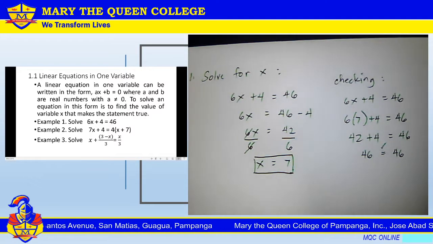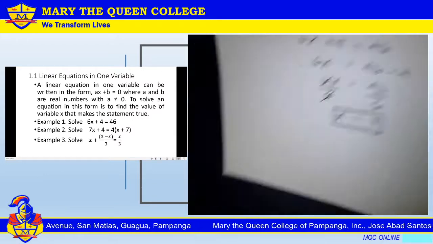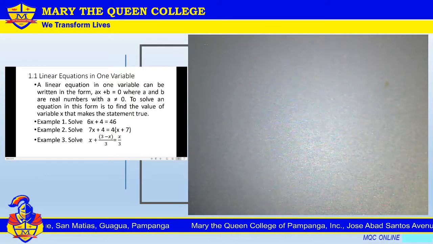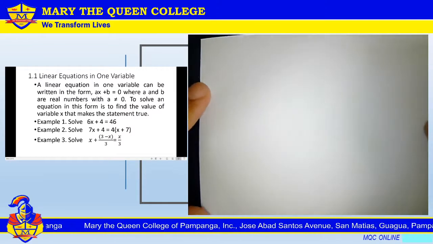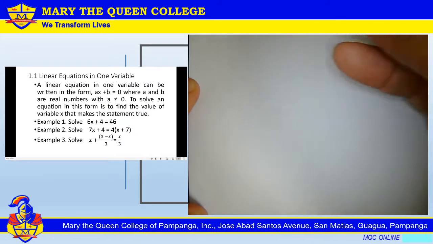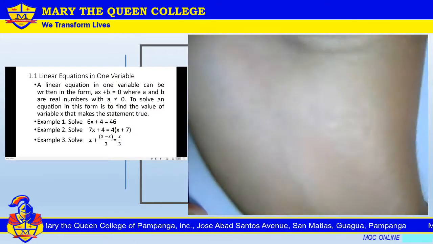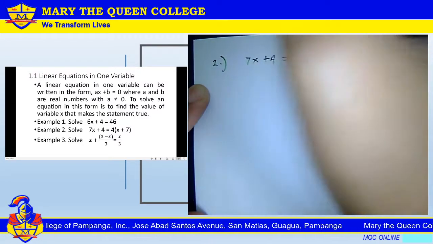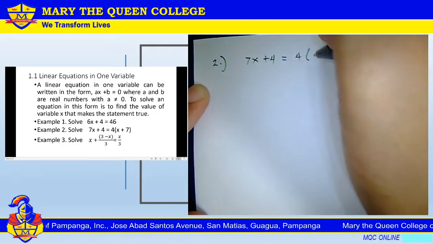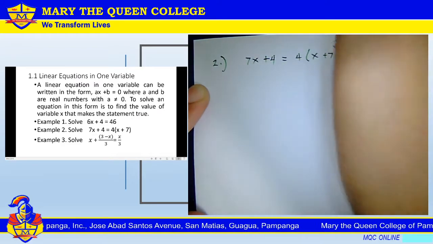Proceeding to our next example, example 2. We have 7x plus 4 equals 4 times the quantity x plus 7.